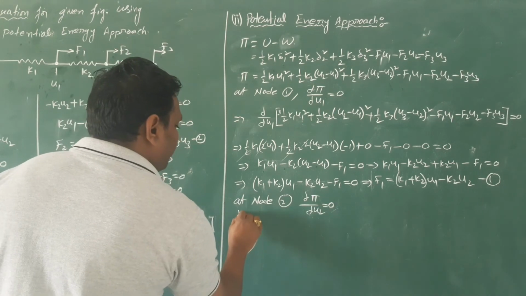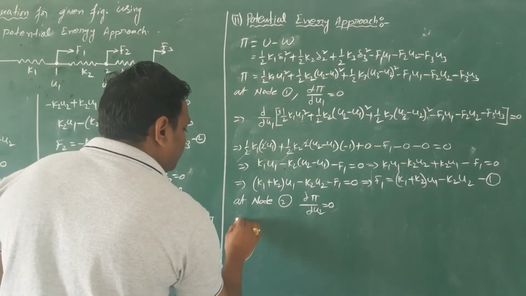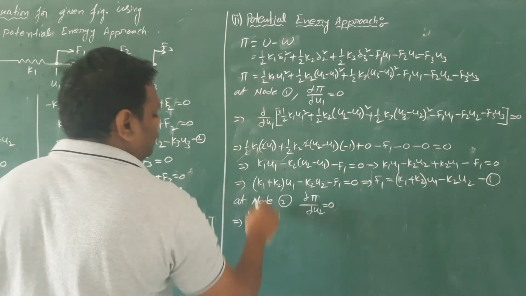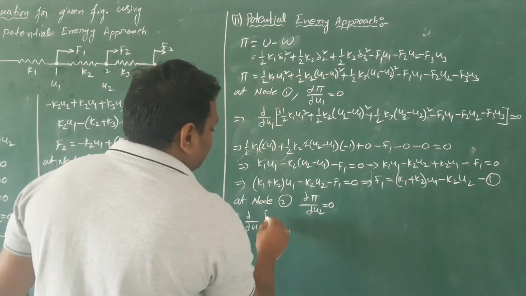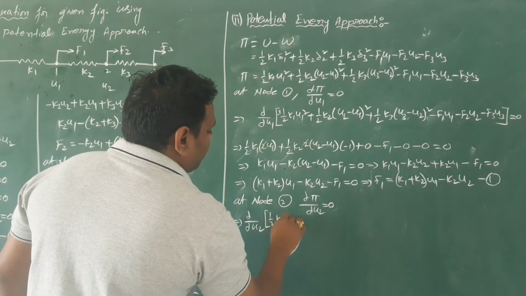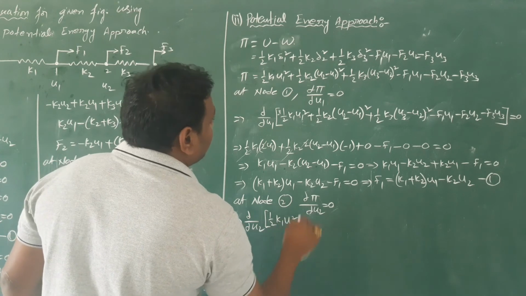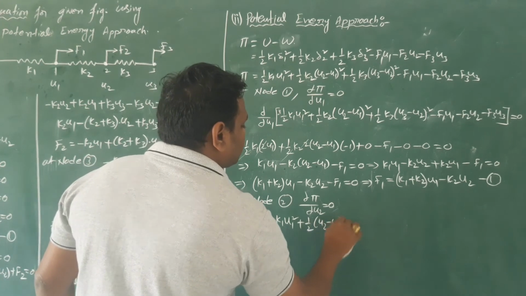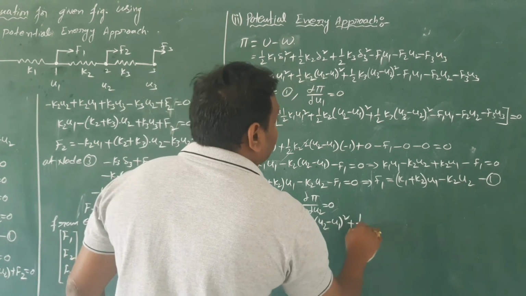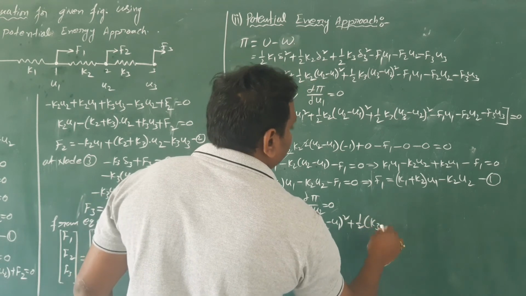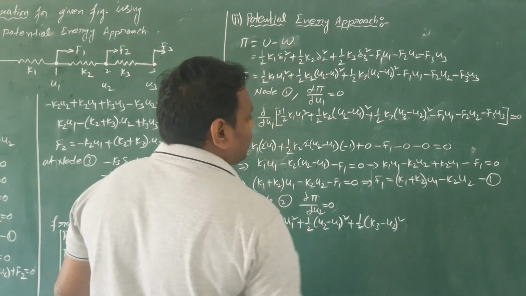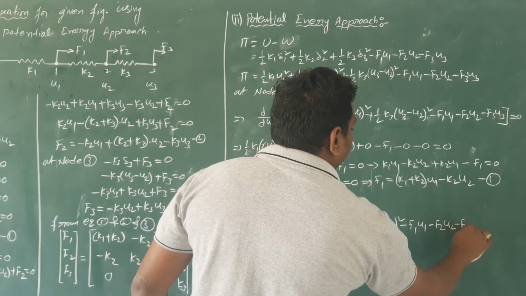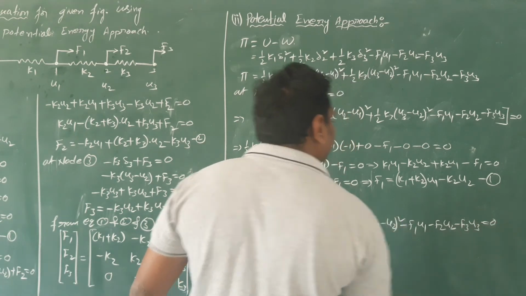So ∂/∂U2 of π, whose value is 1/2 K1 U1 square plus 1/2 K2 (U2 minus U1) square plus 1/2 K3 (U3 minus U2) square, minus F1 U1 minus F2 U2 minus F3 U3, is equal to 0.